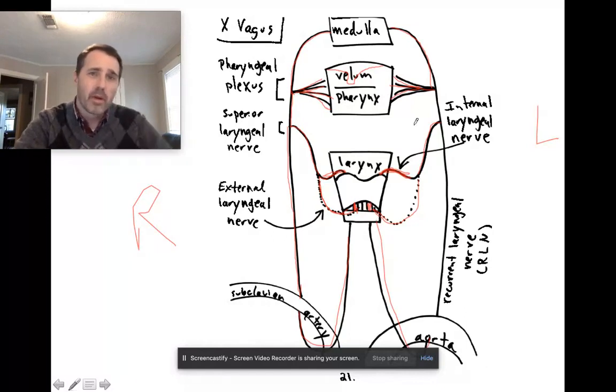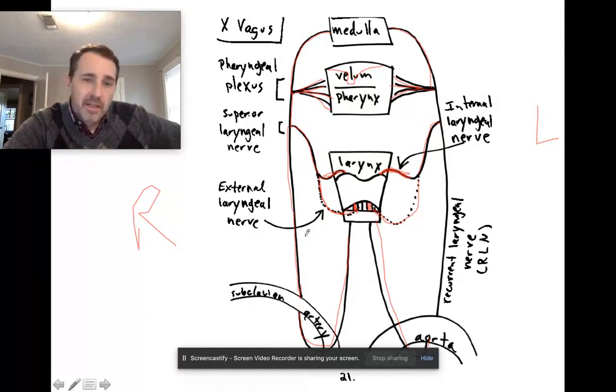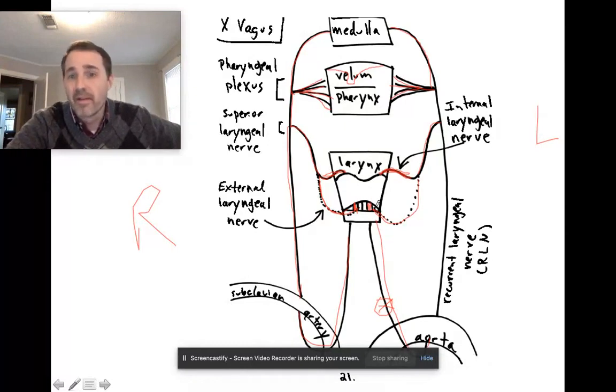So why is it important that you learn all this? Because let's say this individual is having heart surgery and the doc nicks the left recurrent laryngeal nerve. That will generate a left vocal fold that has paralyzed adductor and abductor muscles. So you're going to have a paralyzed left vocal fold, and you're going to have to provide therapy for that paralyzed left vocal fold.